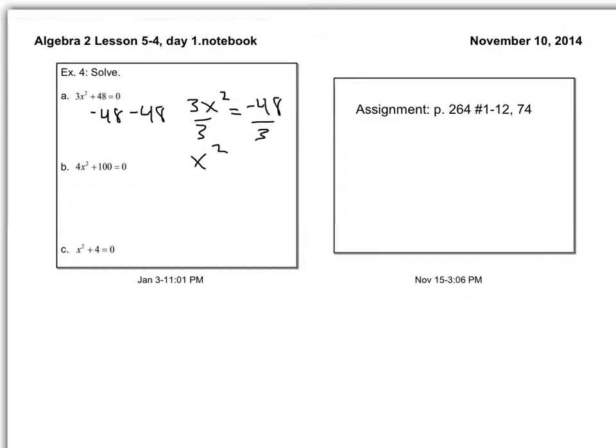We end up with x squared equals -16. To get rid of the squared part, we square root both sides of our equation, and we end up with x equals the square root of -16. So we have to use our imaginary numbers. So we end up with x equals the square root of -1 times the square root of 16, or that becomes x equals 4i.